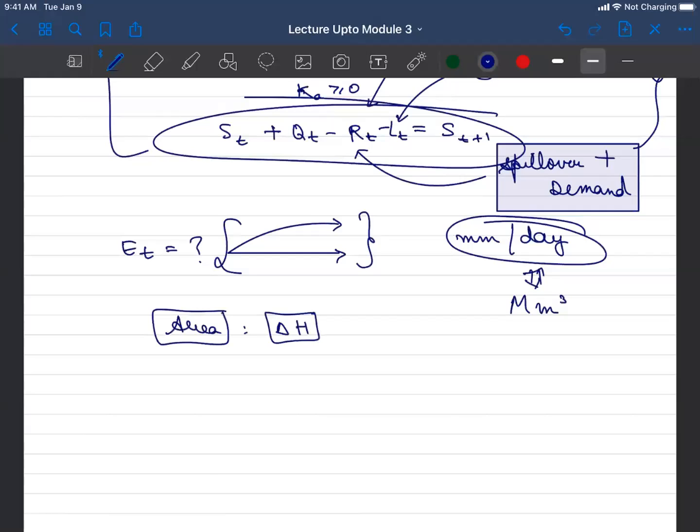Somebody said 122 meter, something around 120, 130 meter. What is the typical amount of evaporation that happens? It is very less, but we actually see 7 to 9 millimeters per day, 8 per day.